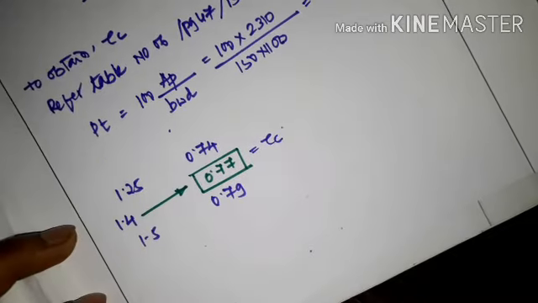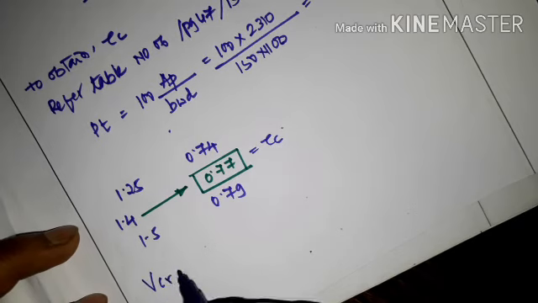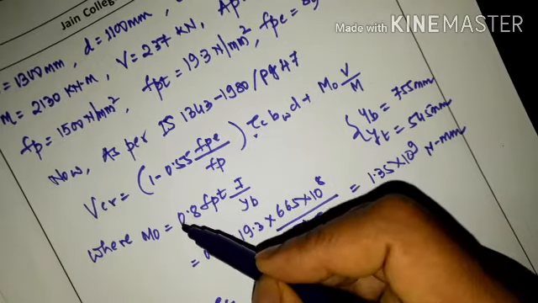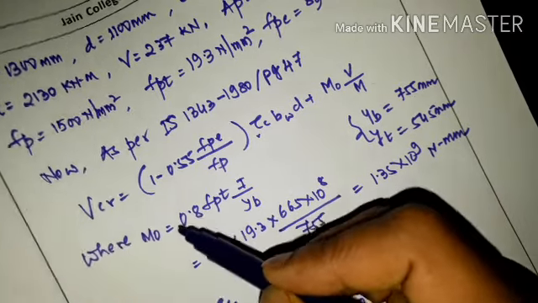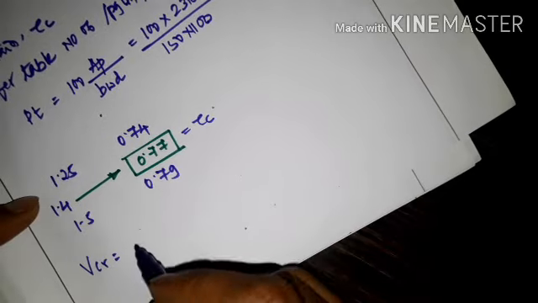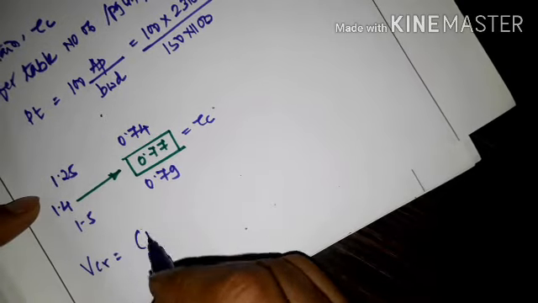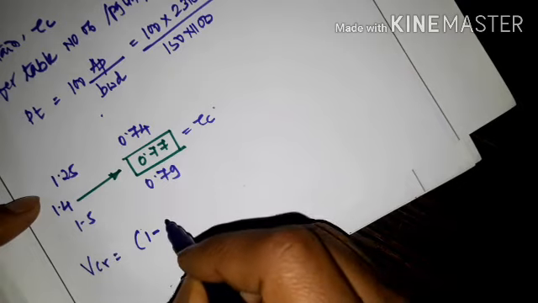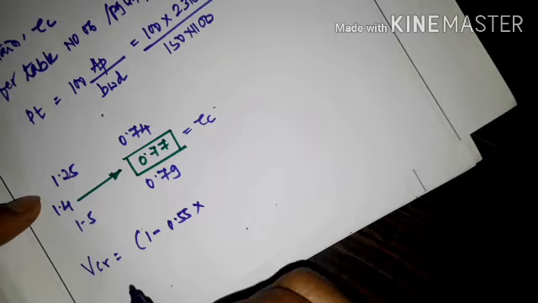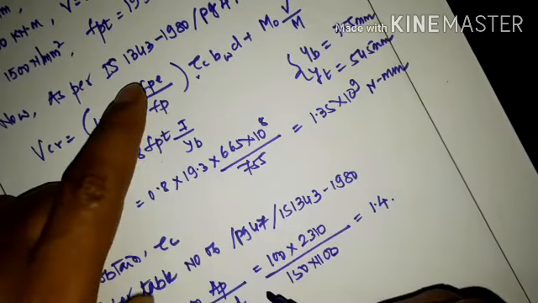Now we'll go back and substitute in the formula. VCR is equal to 1 minus 0.55 into FPE upon FP.